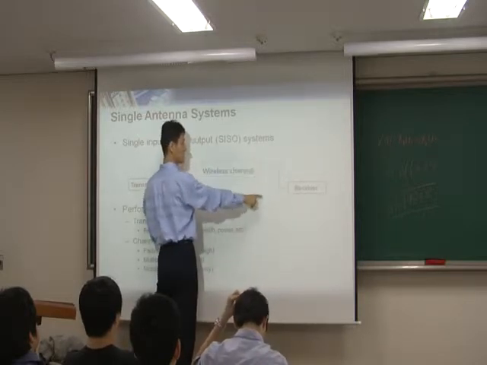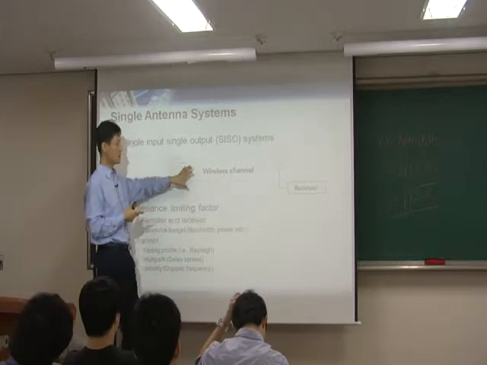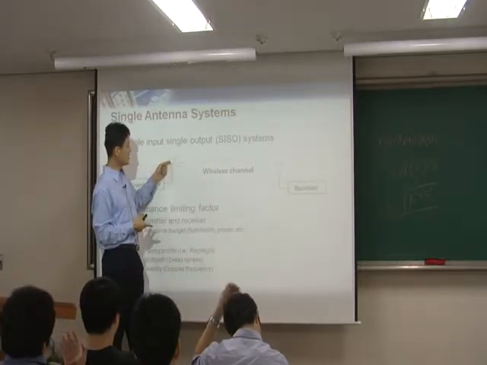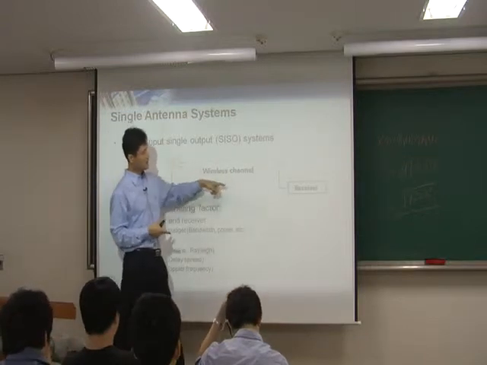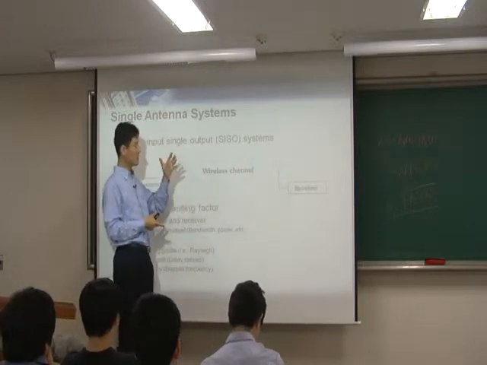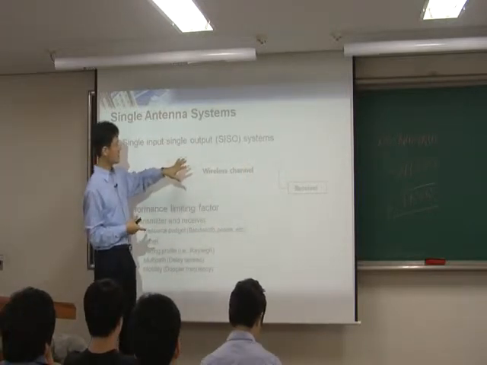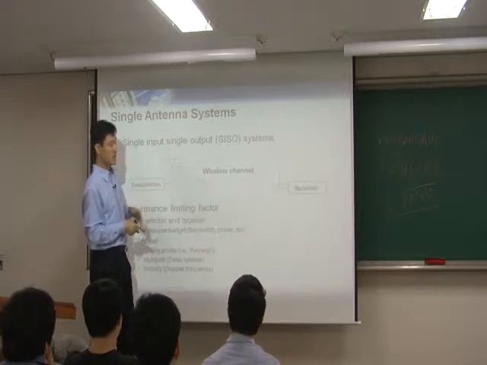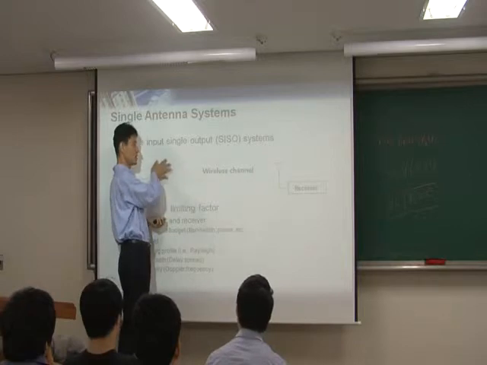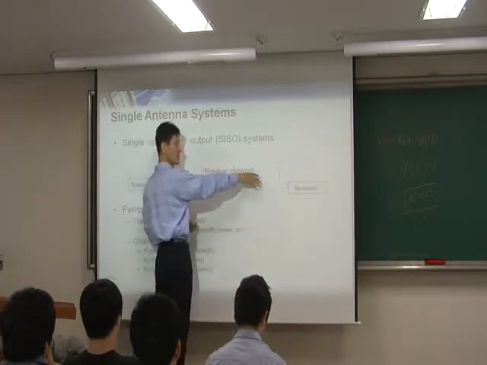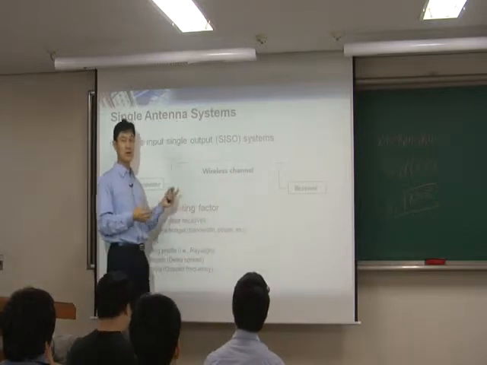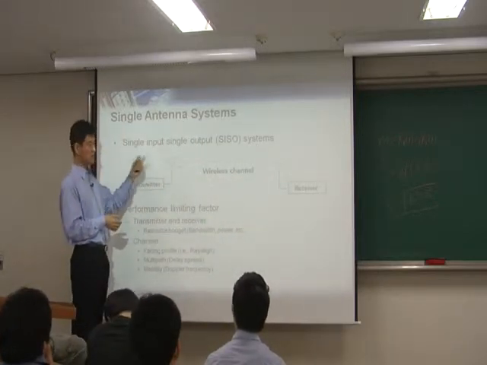From the channel perspective, the transmit antenna is the input and the receive antenna is the output. That's why the single antenna system is called single input, single output. In MIMO, multiple input, multiple output, you have multiple antennas, in other words multiple inputs to the channel, and multiple antennas at the receiver means multiple outputs. That's why we call it MIMO and SISO, from the channel perspective.